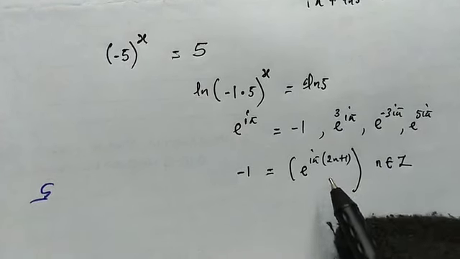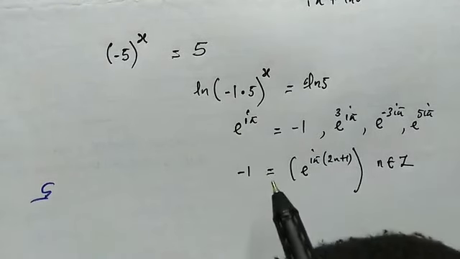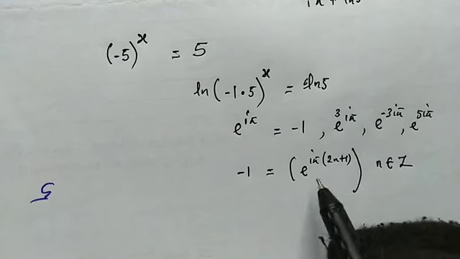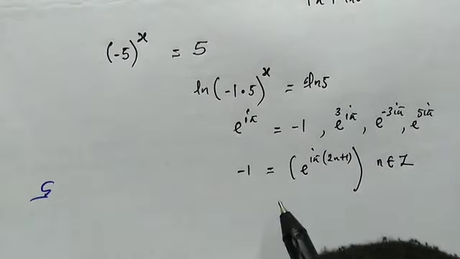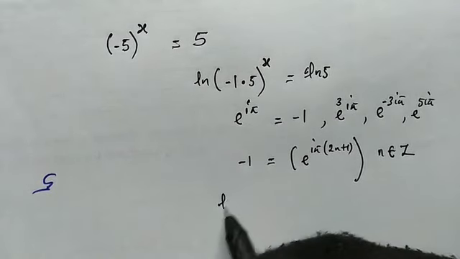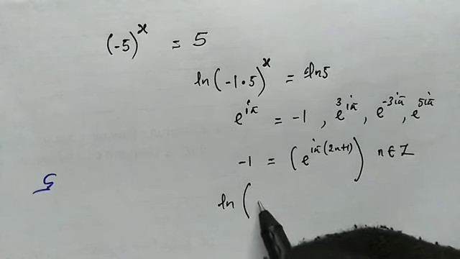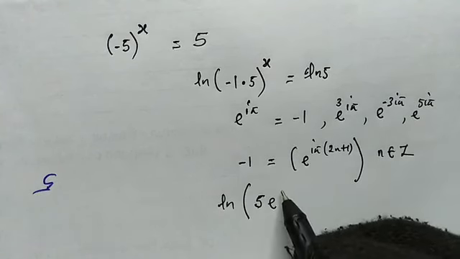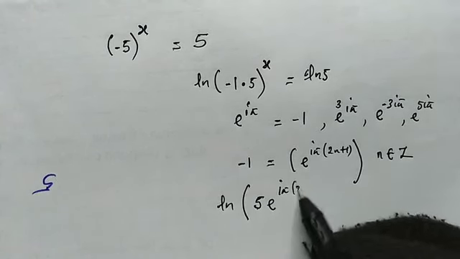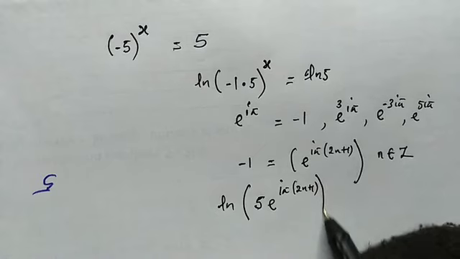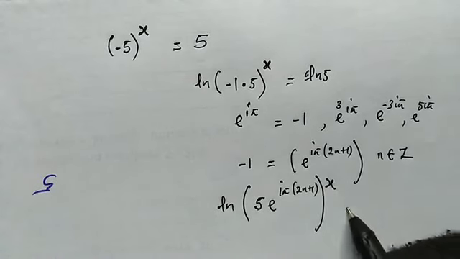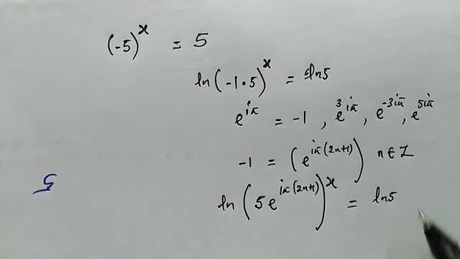So now with this idea here, this negative 1 here, we can write it in the general form as it is in this argument of this natural log. So here we have the natural log of, that would be 5e to the power of i pi times 2n plus 1, right? Then raised to the power of x, then this is equal to the natural log of 5.